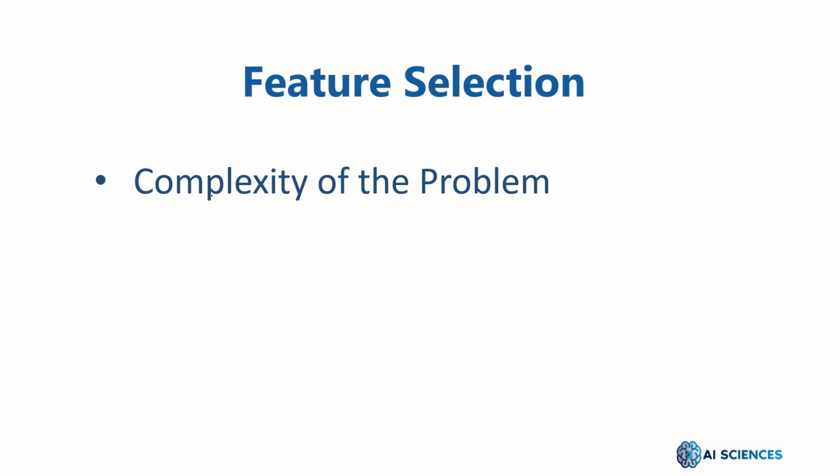Now I come to the problem: this particular problem is really complicated. So let's take an example of feature selection. Let's say we have features x1, x2, x3, up to xd, and we are going to select a subset of these features. That subset must fulfill certain criteria.